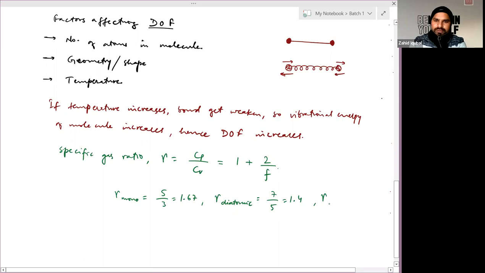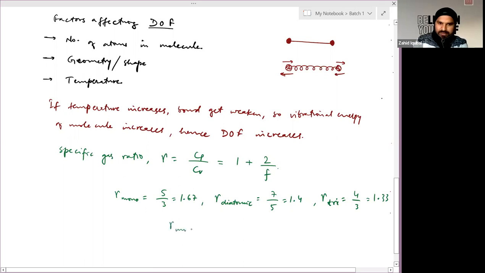And gamma for triatomic: 1 plus 2 by f, f is 6, so it will be just 4 by 3, that is 1.33. Now just compare these different gammas. You'll say it is maximum for monoatomic and minimum for triatomic.